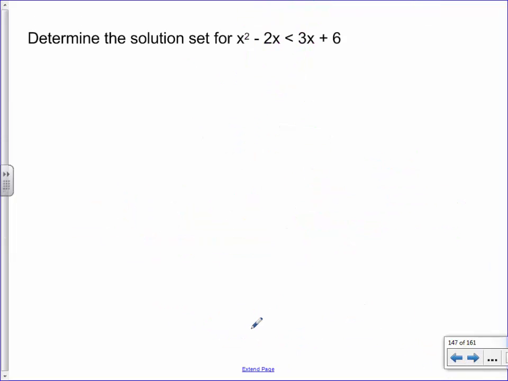Let's try another one. Determine this solution set. Okay, well, again, it's got an inequality. Ignore the inequality, just make it an equality. So just pretend there's an equal sign there and solve like you normally would. X squared minus 2x now equals 3x plus 6. What kind of equation is it?